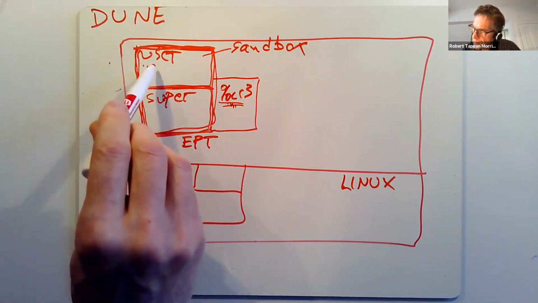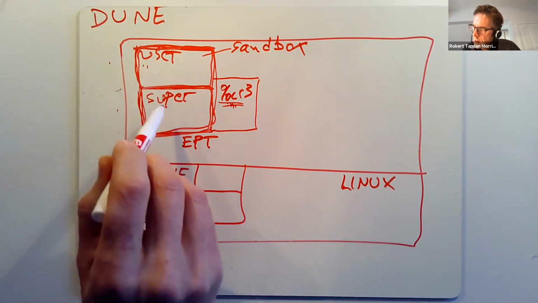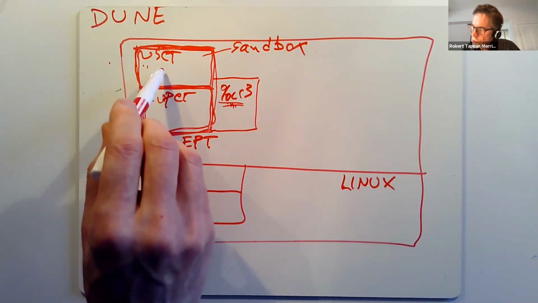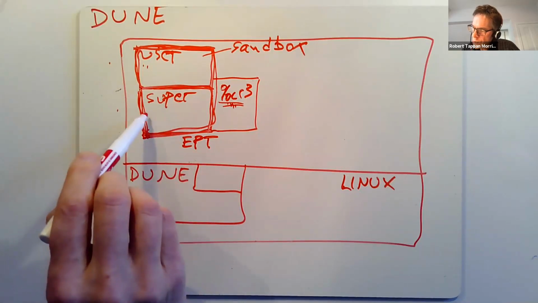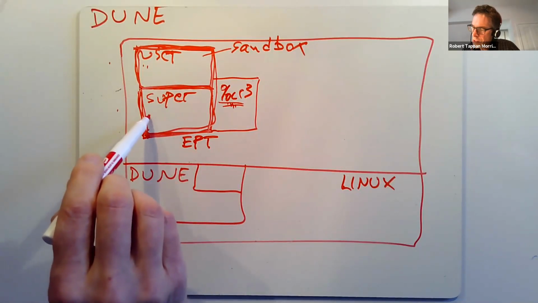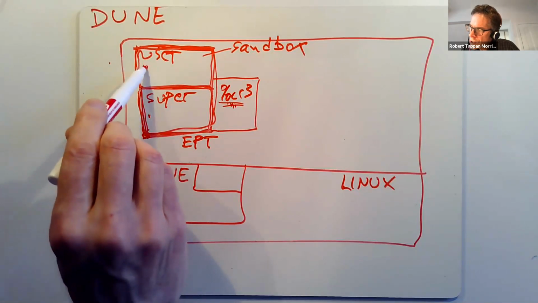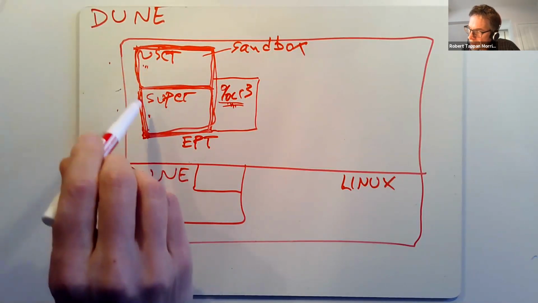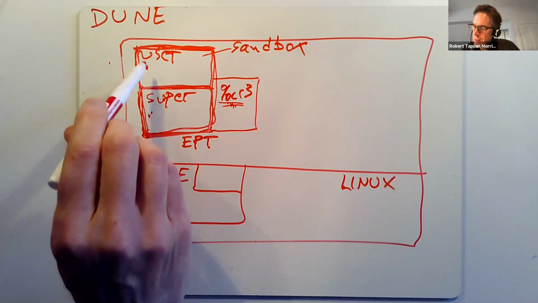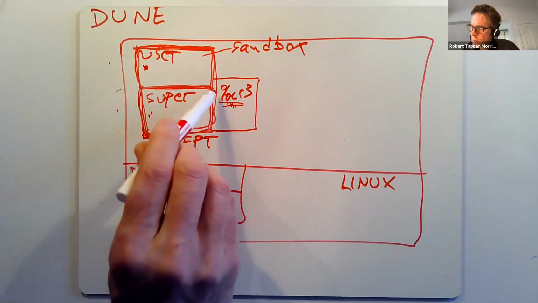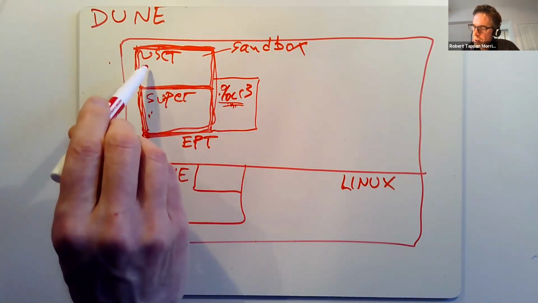But with Dune, we can run the plugin up here in user space, and the web browser, which runs in the process and supervisor mode, can configure a different page table for use by this user code, because it's allowed to write CR3.